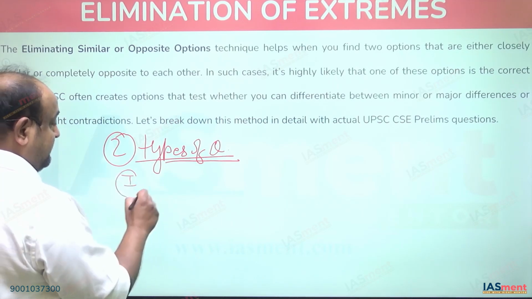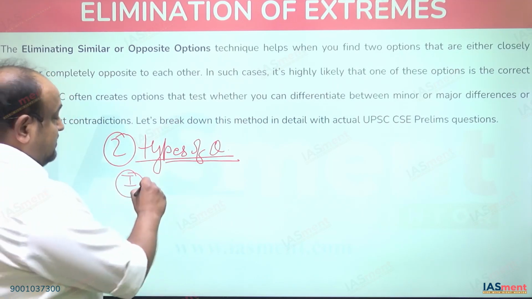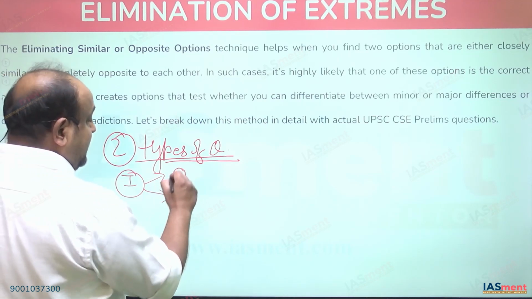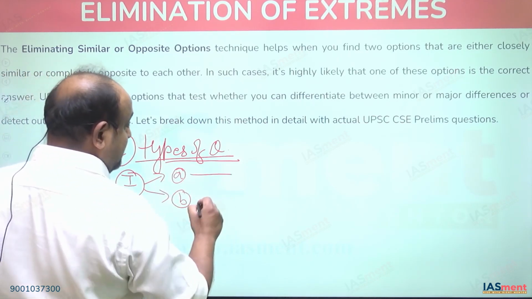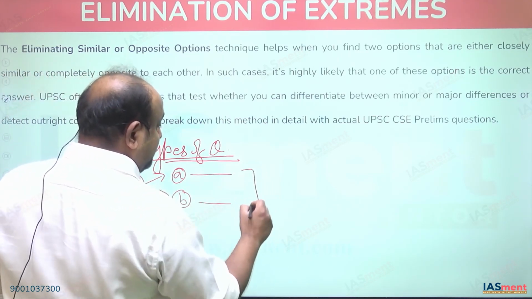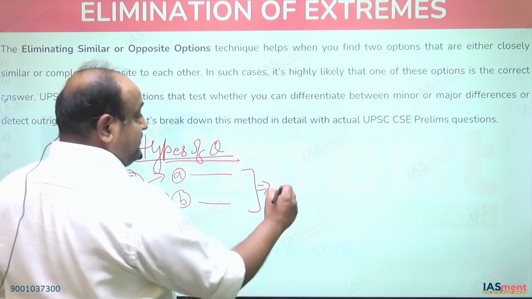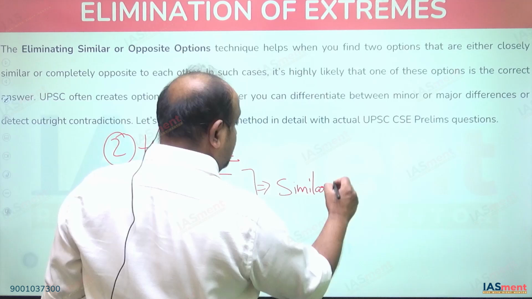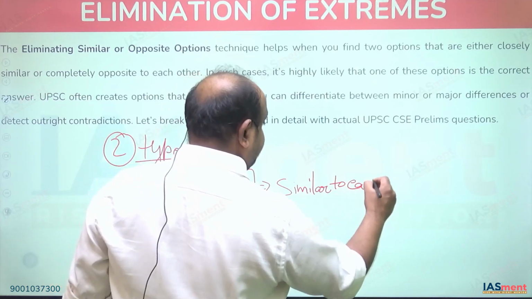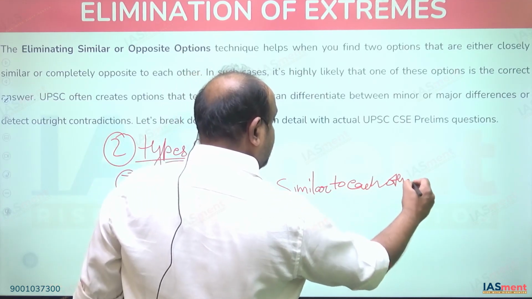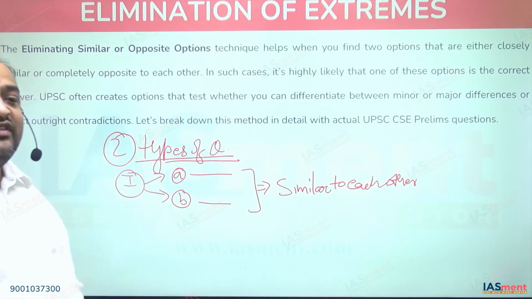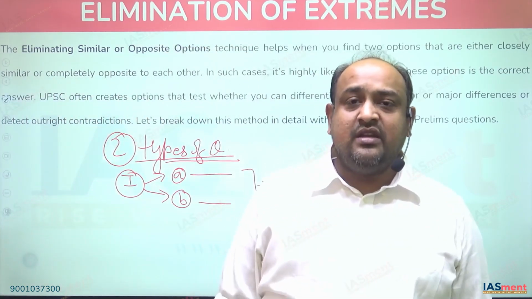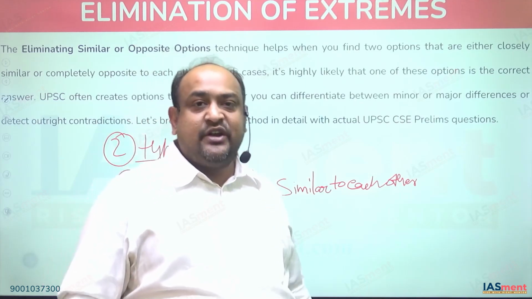In the first type, there will be two given statements, statement A and statement B. There is a possibility that both the statements are similar to each other, meaning whatever is given in statement 1 is supported by statement 2.